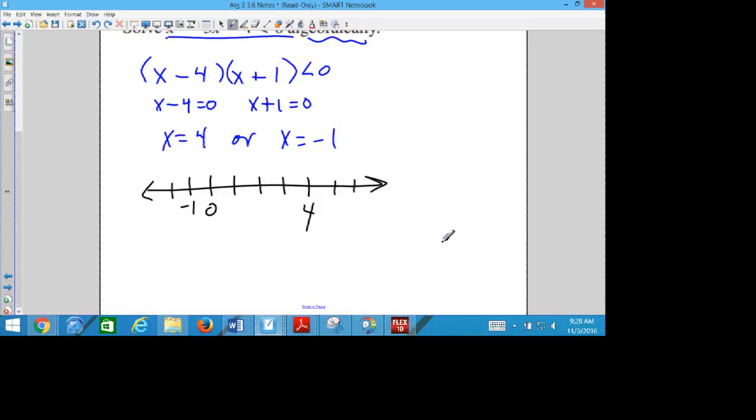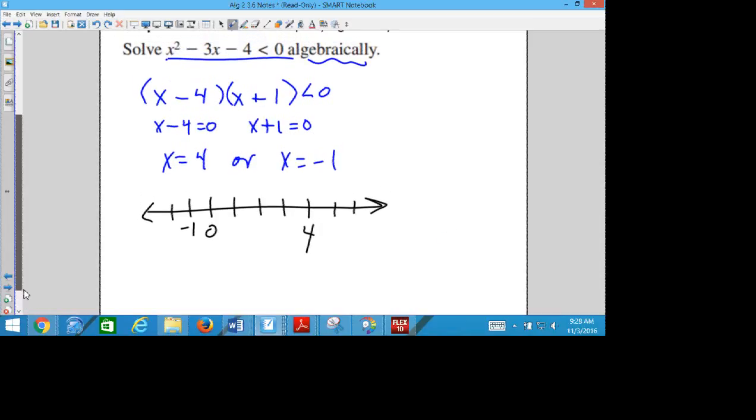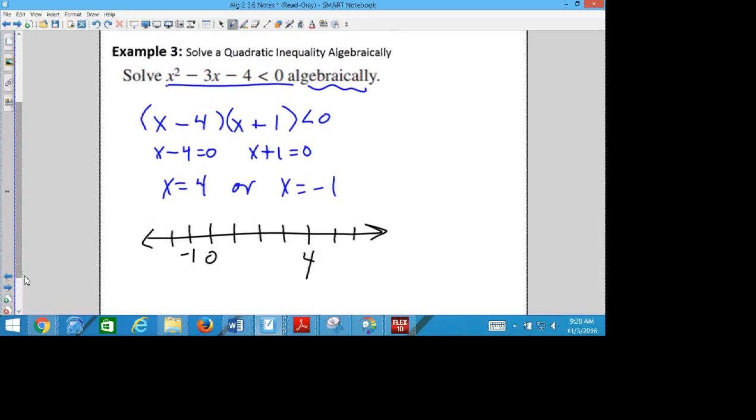All right, let's go back in the day here. When you did number lines a long time ago, how did you know if you did an open dot or a closed dot? If it's equal to, it's a closed dot.